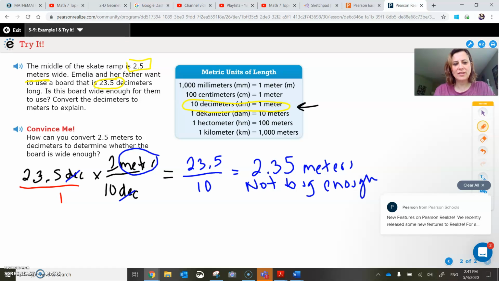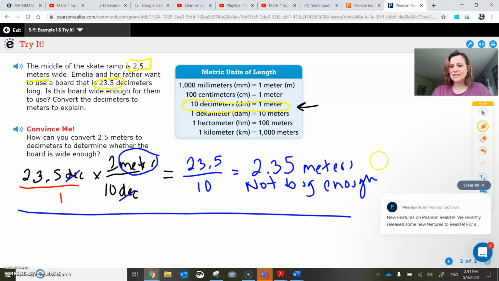The other way to figure this out is to say, okay, let's ignore the 23.5 for just a second, and instead, let's think about it this way. If the space we want to fill is 2.5 meters, maybe instead let's change that into decimeters to see how many decimeters wide the board needs to be, and then compare that to what we have.